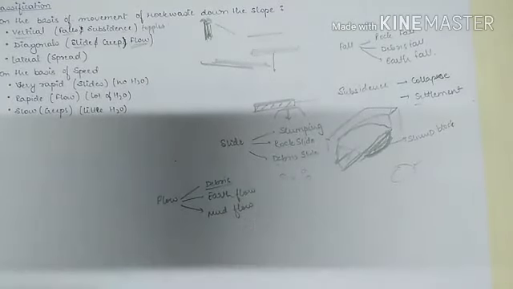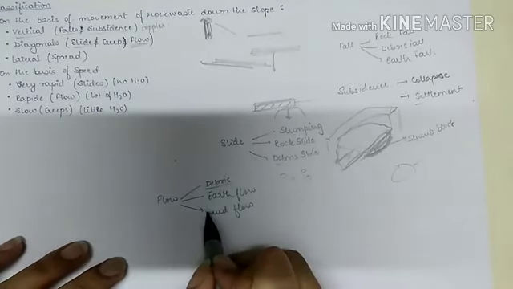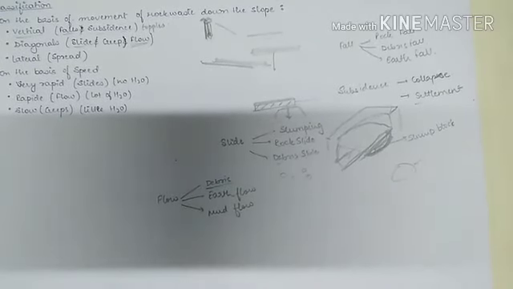Mud flow differs from earth flow in that we may observe it, while the latter cannot be noticed because earth flow is not very common. The water content is more in mud flow than in earth flow. This was flow.